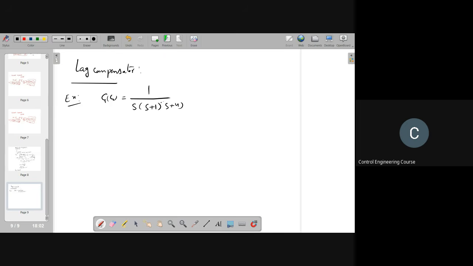This is your transfer function which we already considered in the last class. But here the changes are zeta is equal to 0.5 and omega n is given as 2 radians per second.